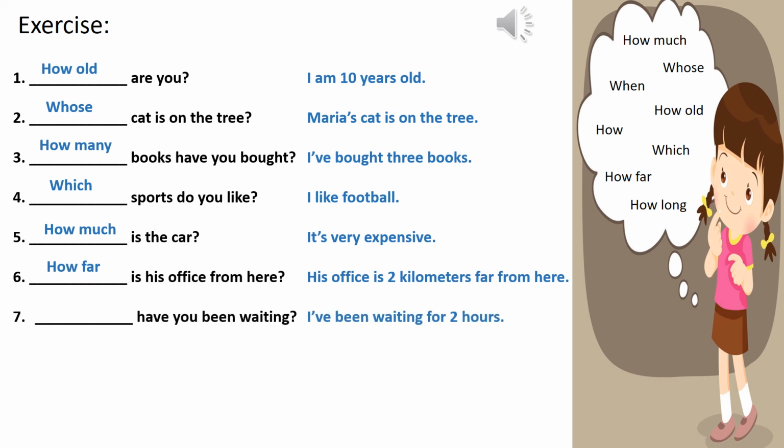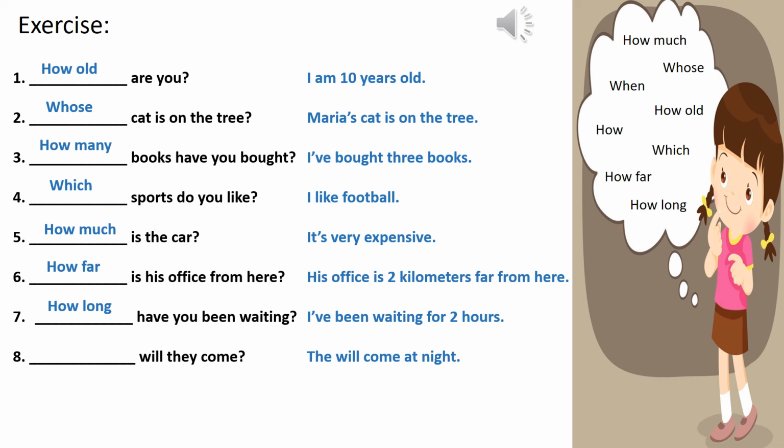Number 7. Dash have you been waiting? I have been waiting for 2 hours. It indicates the period of time, duration. So the answer is, how long have you been waiting? Number 8. Dash will they come?